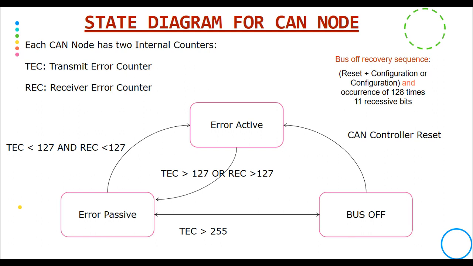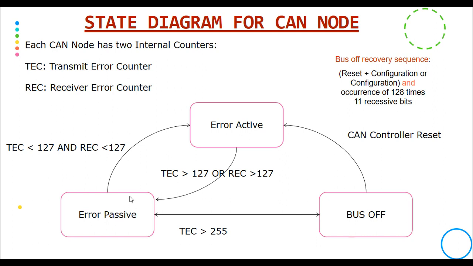This slide basically shows you the state transition diagram of a node based on the error state they are in. They can be either in error active, error passive, or bus off state. A node will be in error active state whenever TEC and REC counters are less than 127. So if either of the counters crosses 127, it will be moved into error passive state.